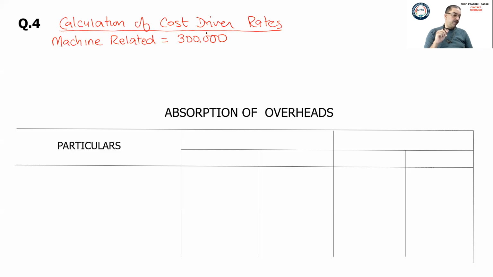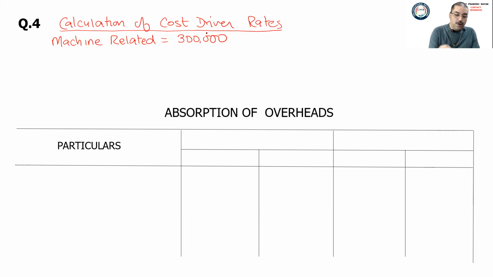Divided by how much? What will you take over here? Will you take machine hours as the cost driver, or will you take the 9,000? Machine hours, 9,000. Machine hours, yes.